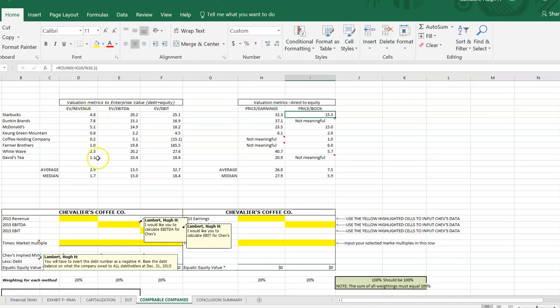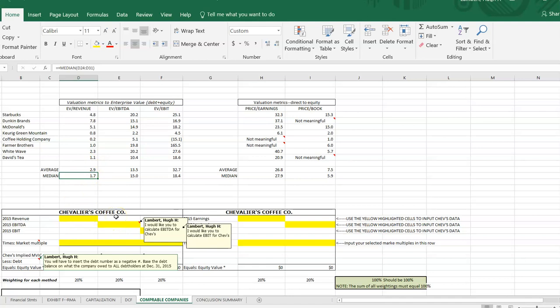And we can analyze the data and look at the average and the median of our sample. So we have 1, 2, 3, 4, 5, 6, 7, 8 companies in our sample. And we can look at the average or the median enterprise value to revenue. And then we can apply that median or that average to our subject company.